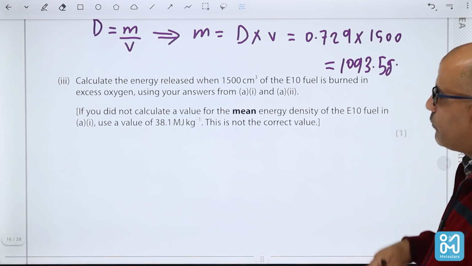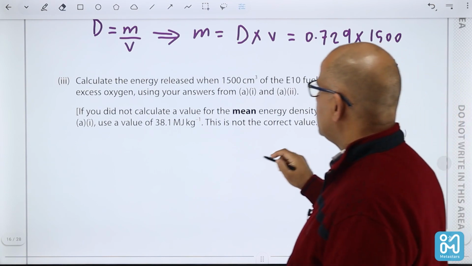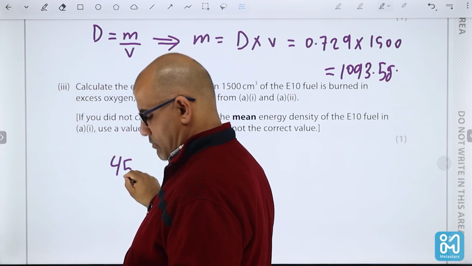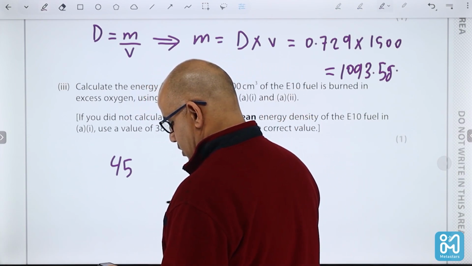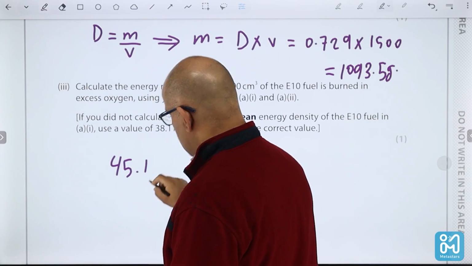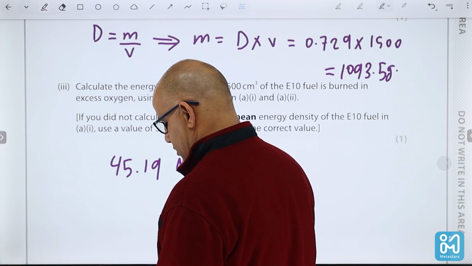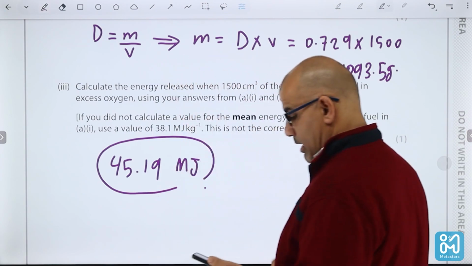And we calculated the energy density earlier, do you remember? It's 45.19 megajoule, okay.